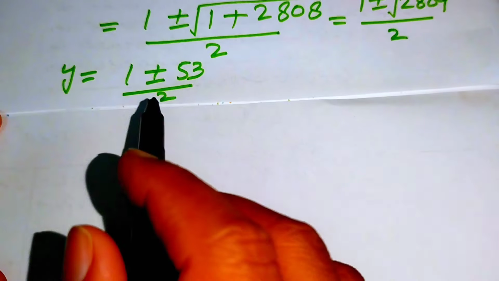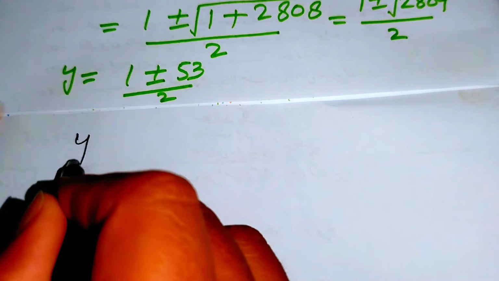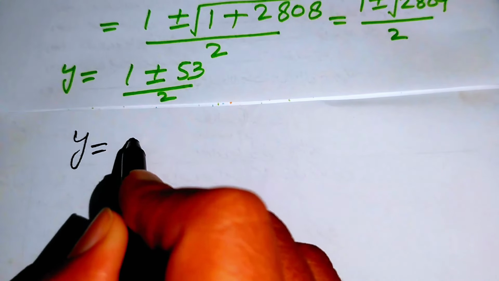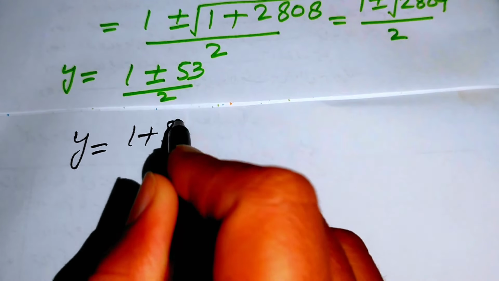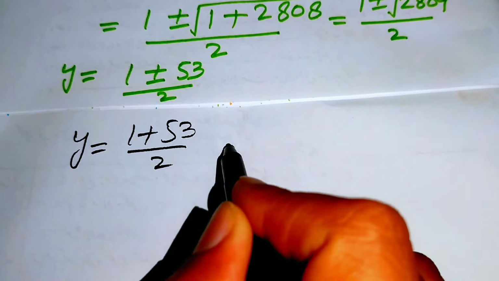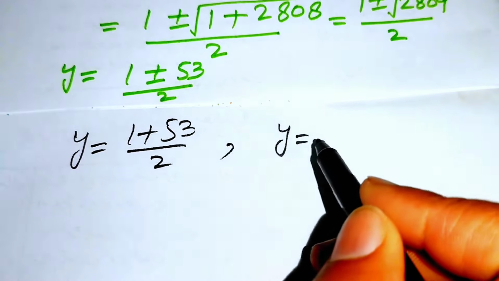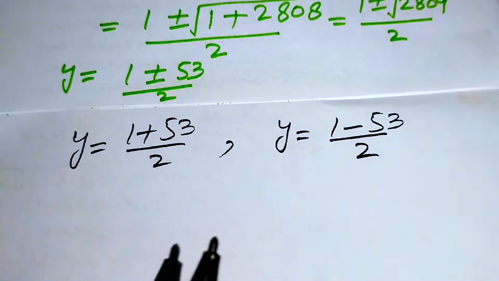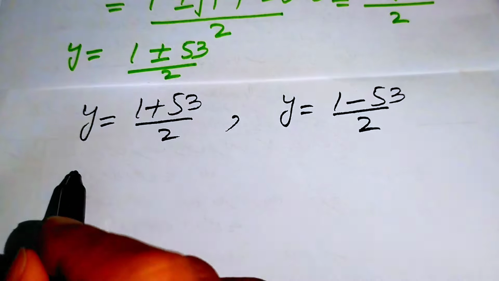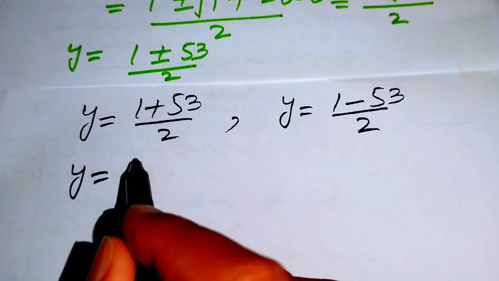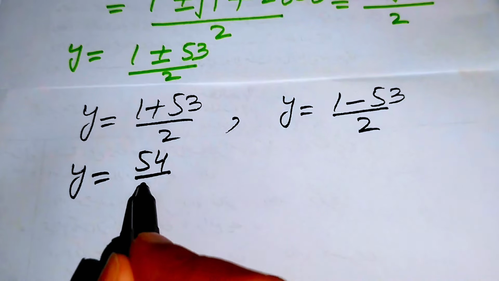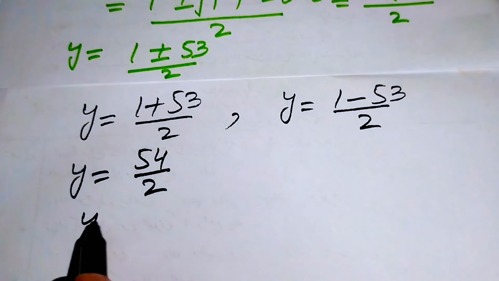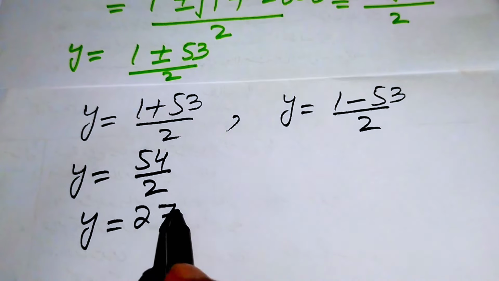Now we break these into two values of y. First we write the positive value: y equals 1 plus 53 over 2, and the negative value: y equals 1 minus 53 divided by 2. In the next step, 1 plus 53 becomes 54 over 2, and 54 over 2 equals 27.